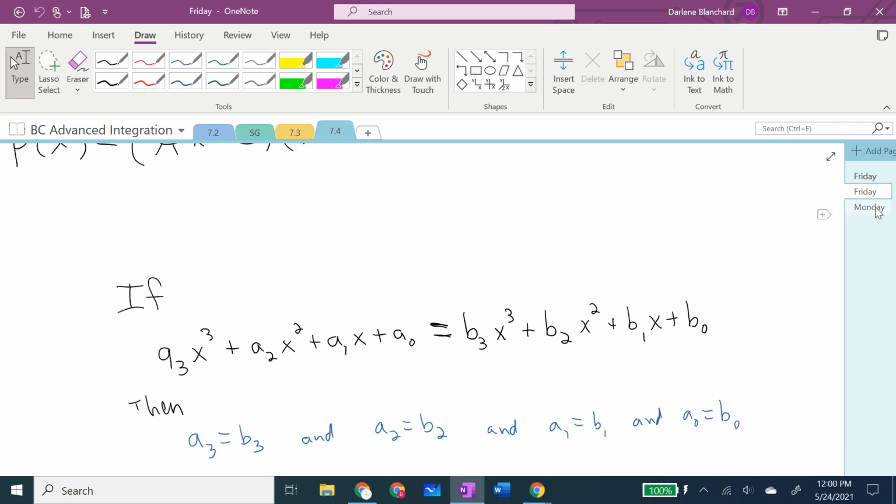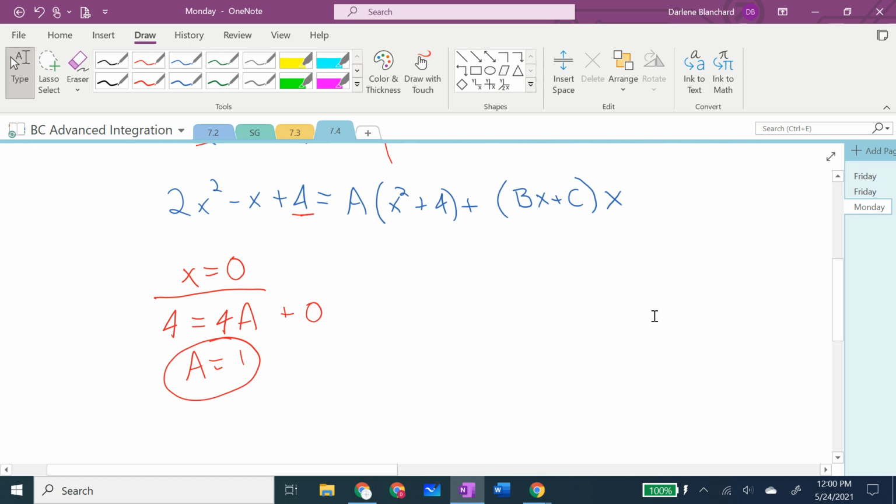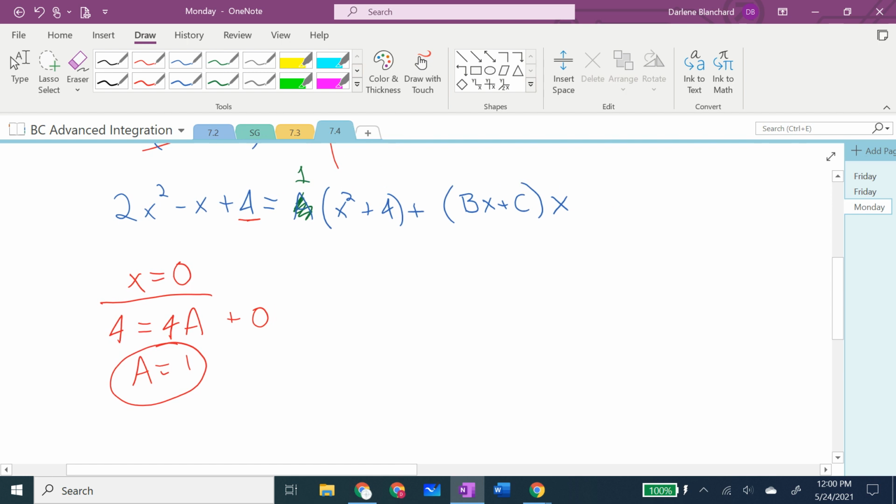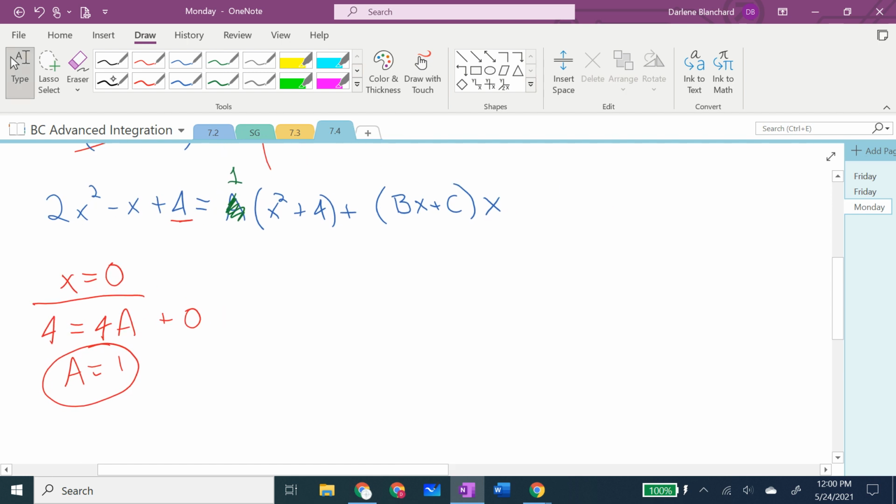Well, we will see. So what I'm going to do is I'm going to take that we already know a, and I'm going to write that in. And now let's rewrite what we have. We have 2x squared minus x plus 4 equals 1 times x squared plus 4.